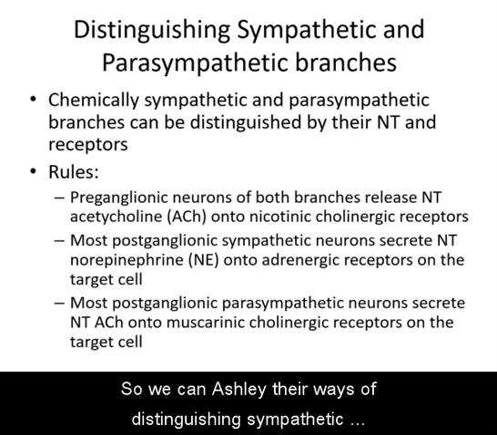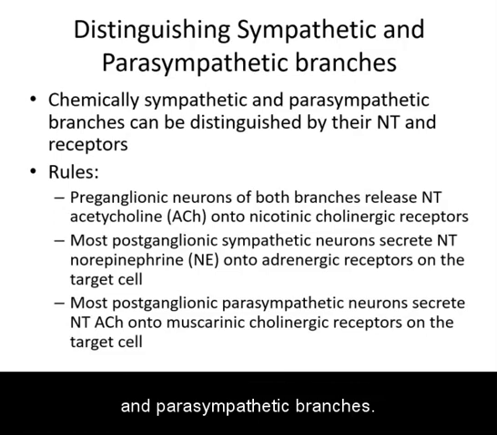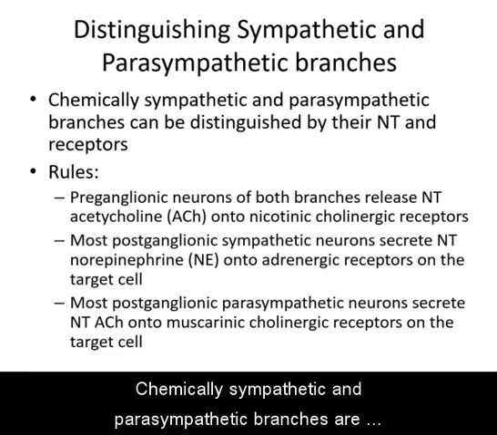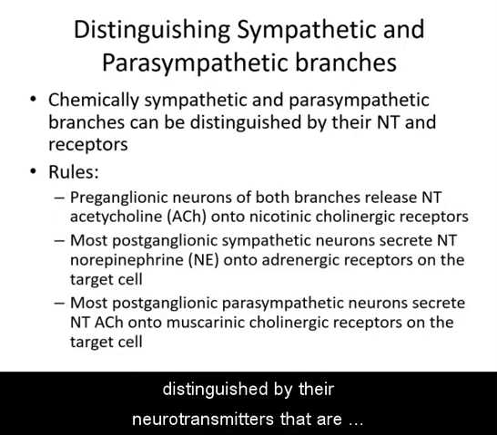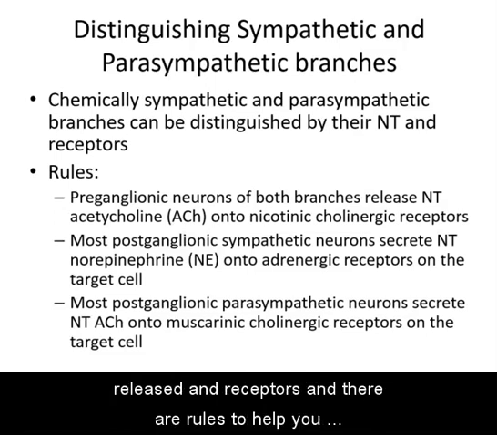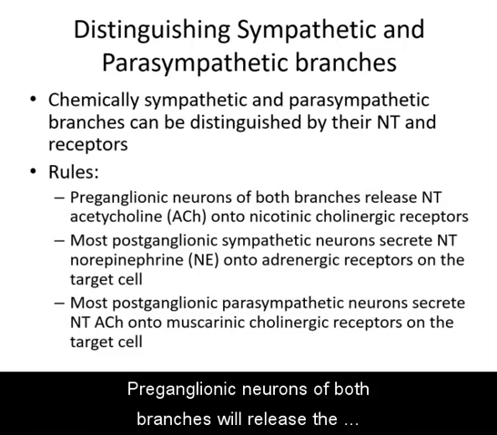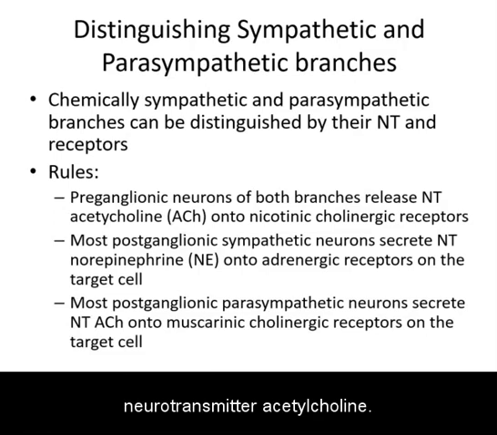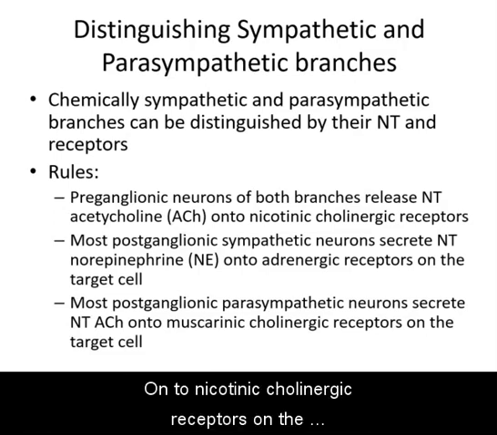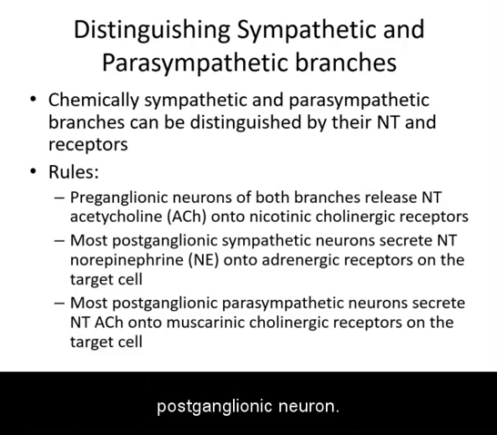There are ways of distinguishing the sympathetic and parasympathetic branches. Chemically, they are distinguished by the neurotransmitters that are released and the receptors, and there are rules to help you distinguish them. First, preganglionic neurons of both branches release the neurotransmitter acetylcholine onto nicotinic cholinergic receptors on the postganglionic neuron.